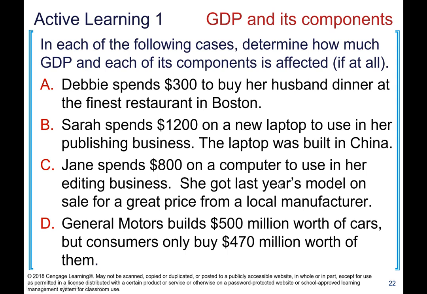She got last year's model on sale for a great price from a local manufacturer. Number D, General Motors built $500 million worth of cars, but consumers only buy 470 million worth of them.